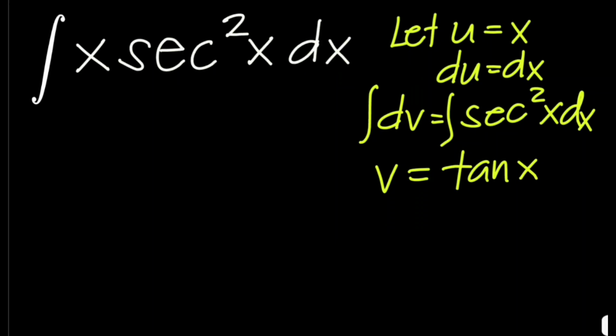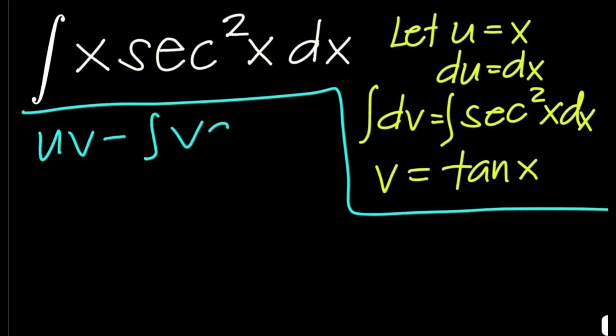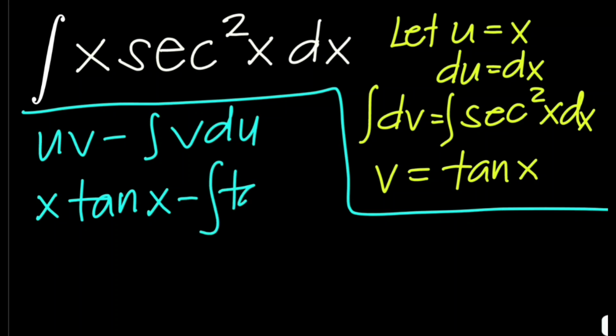Now we can plug in everything into the integration by parts formula. That is uv minus integral of v du. So u is x times v, that is tangent x, minus the integral of v, which is tangent x. Du is dx.